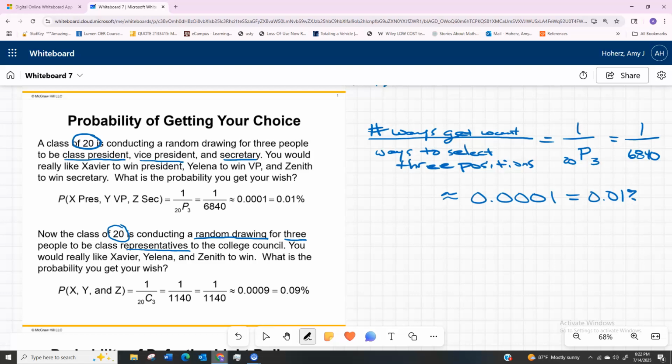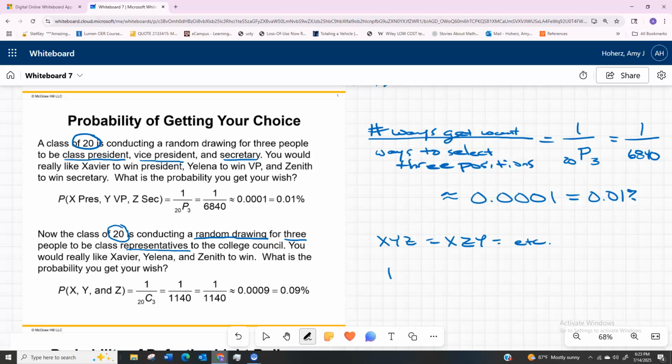So if you still want Xavier, Yelena, and Zenith to win, that's still one way to get those 3 people. Because remember, X, Y, Z is the same as X, Z, Y, etc. It doesn't matter what order we pick them in, but there's still just one way to pick those 3 people. So there's one combination.